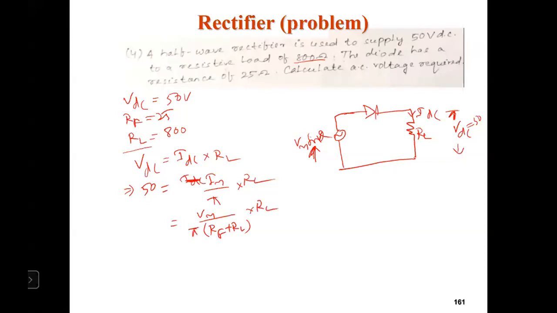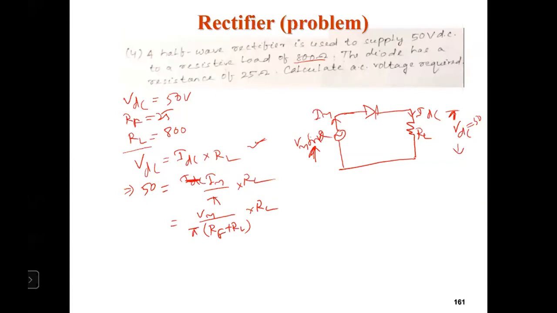Any problem here? Because first of all, VDC equals IDC into RL. In place of IDC, if your input AC current is Im, the DC current will be Im by pi.